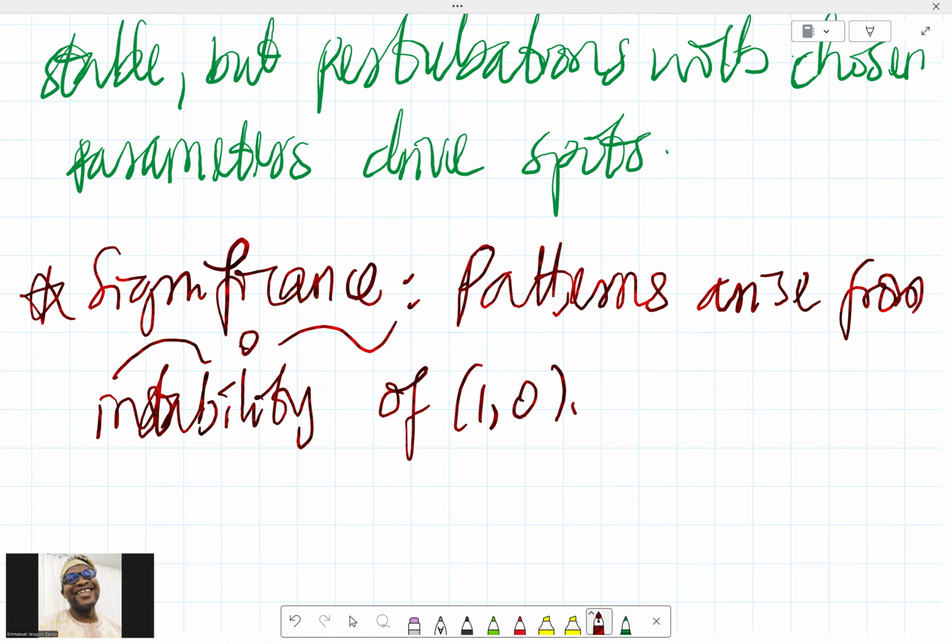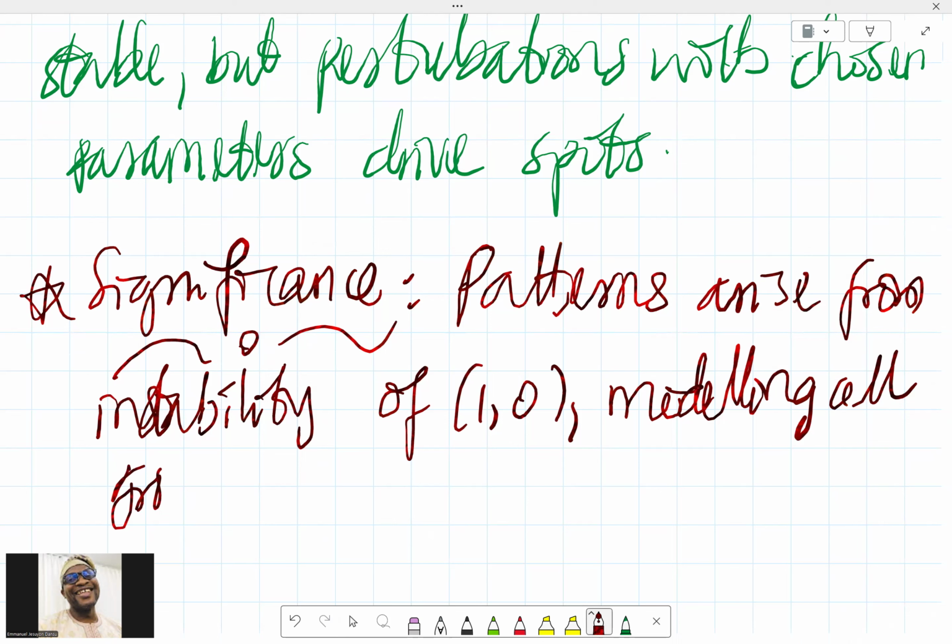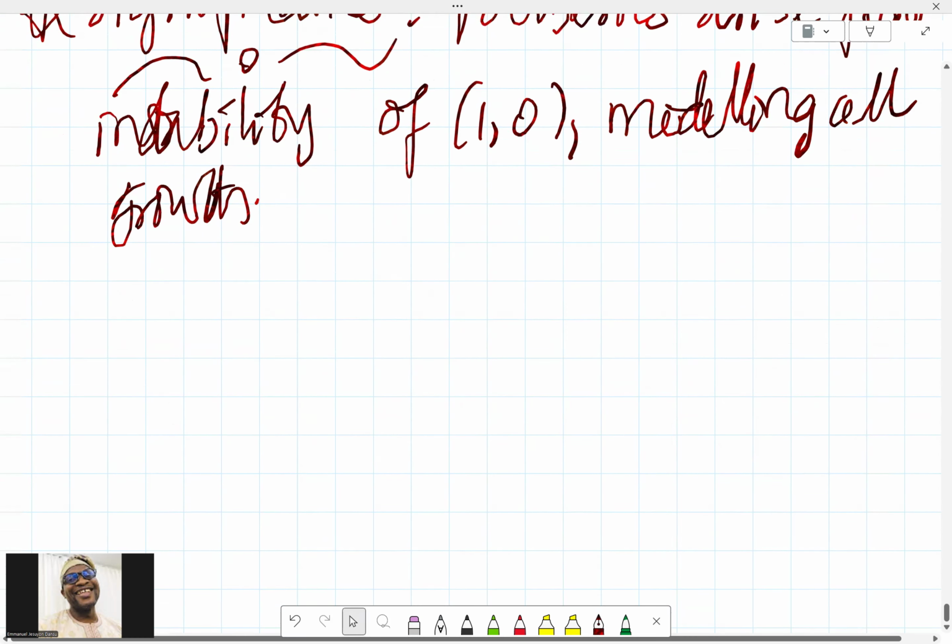So if 1 comma 0 is unstable, in that case, that models cell growth. Okay. All right. Let's move on.